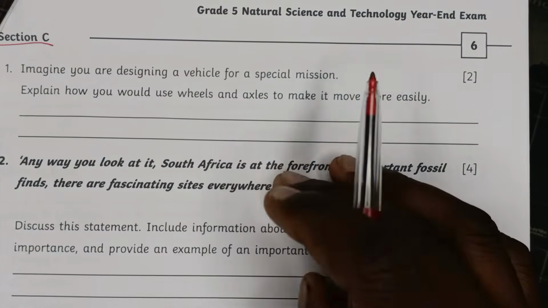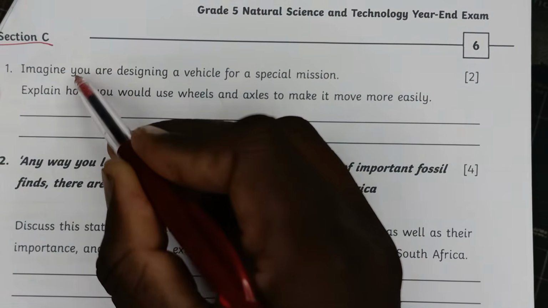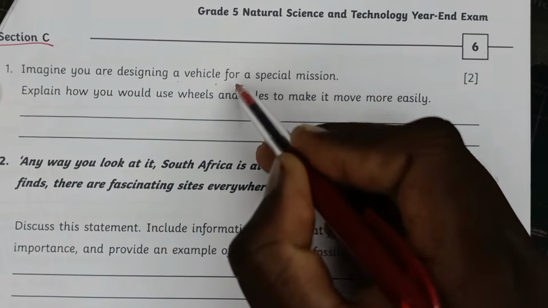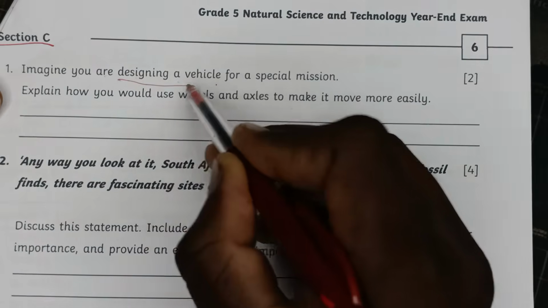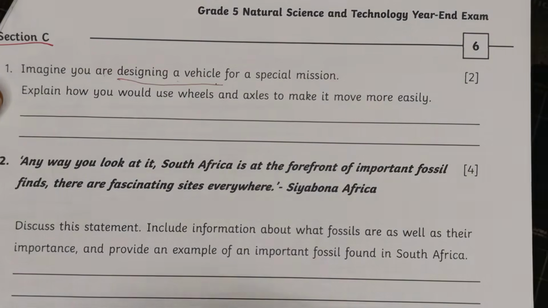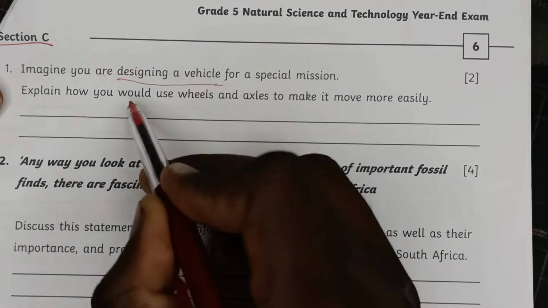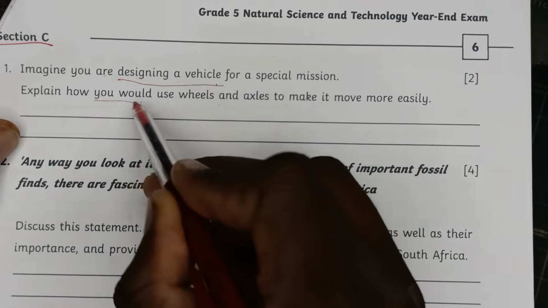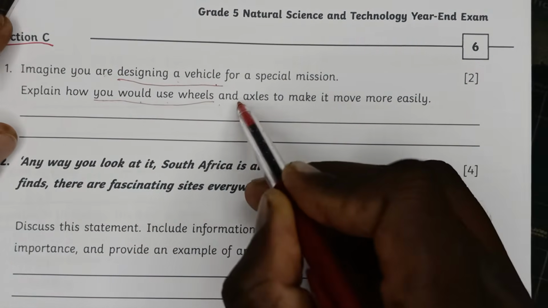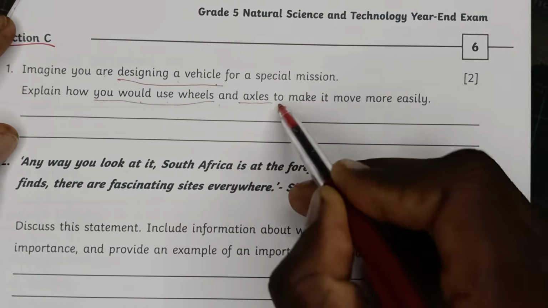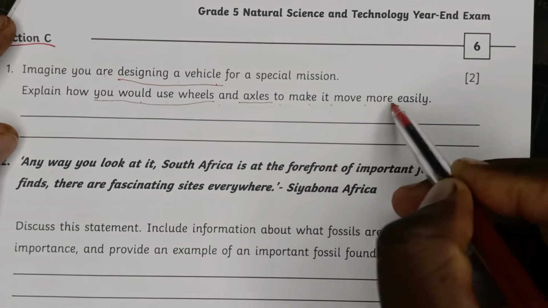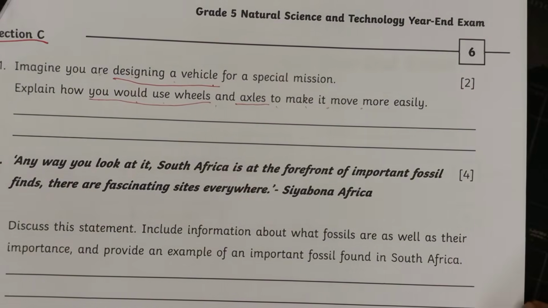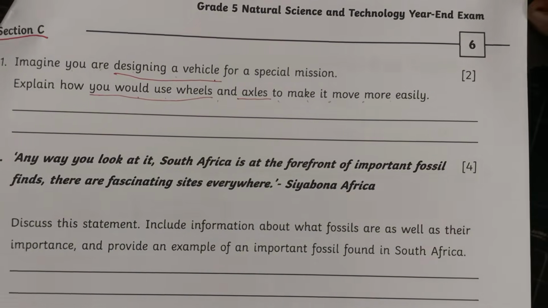So section C, imagine you are designing a vehicle for a special mission. Explain how you would use wheels and axles to make it move more easily. So here we talk about wheels and axles.